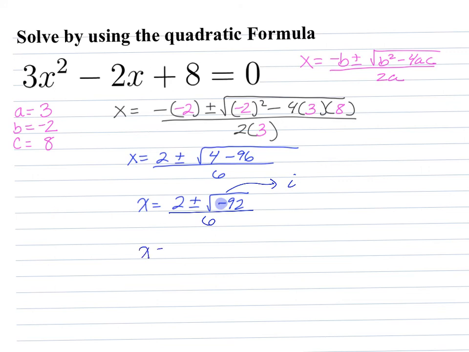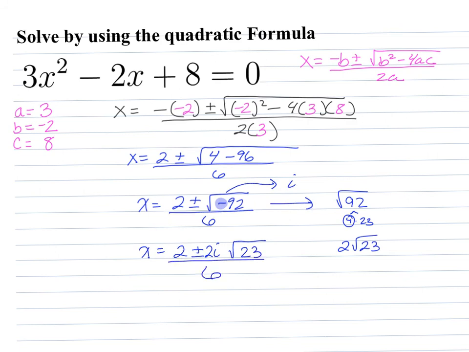Then I'm going to have x is equal to 2 plus or minus i square root. And I know I could simplify 92. So the square root of 92 is the same thing as the square root of 4 times 23. 4 is a perfect square, so I know that square root of 92 is 2 square roots of 23. So now I have 2i square roots of 23 over 6.